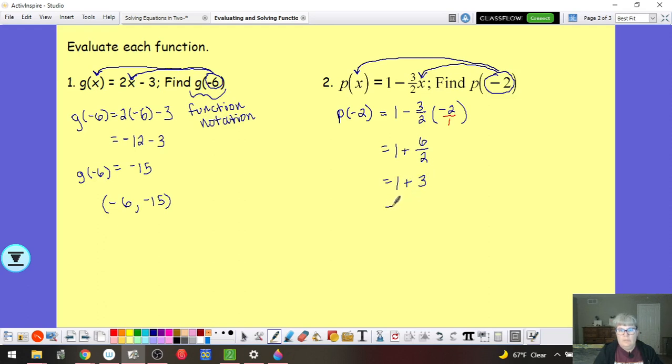And 1 plus 3 is 4. So the value of p of negative 2 is 4. So when x is negative 2, y is going to be 4. Or it's the ordered pair negative 2, 4. So evaluating is just plugging in for x and simplifying the right side.